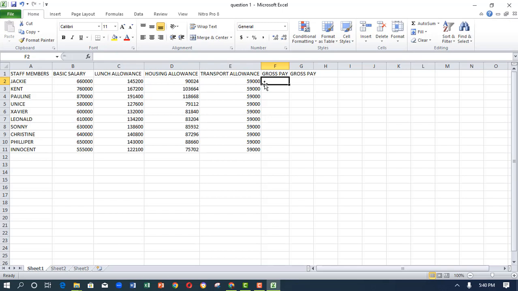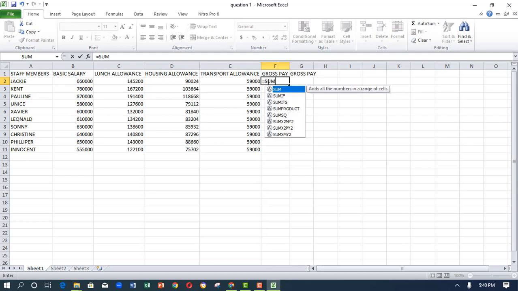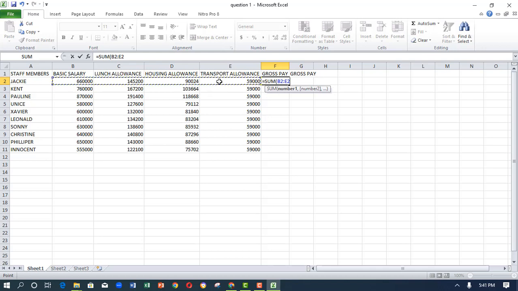Now if we want to calculate the gross pay, remember it's going to be the basic salary of the employee plus all the allowances. So let's use the function first. Equal sign. The function for addition is always called sum. You write the word sum, open the curved brackets, then highlight from basic salary up to transport allowance.